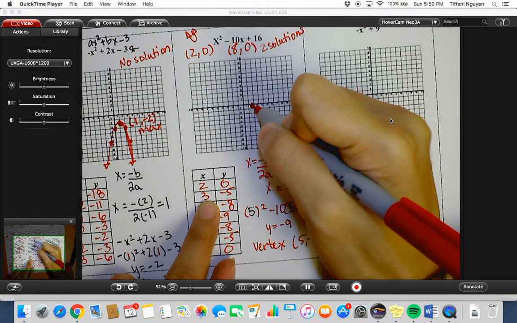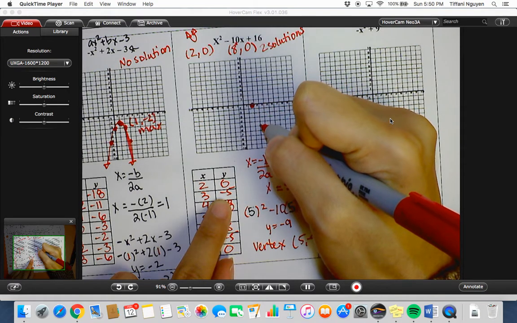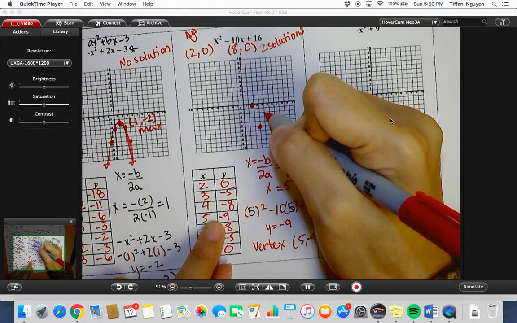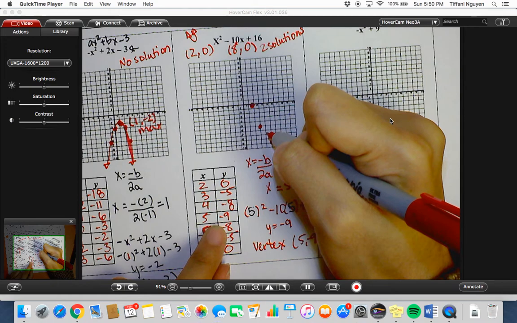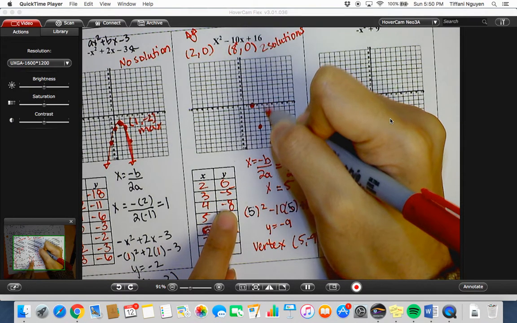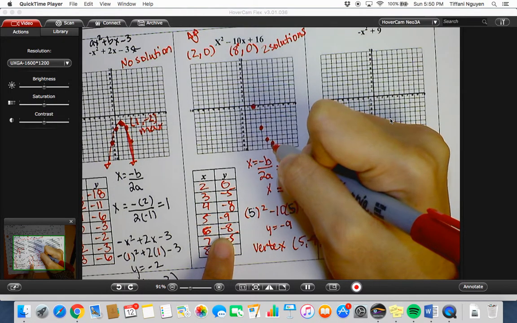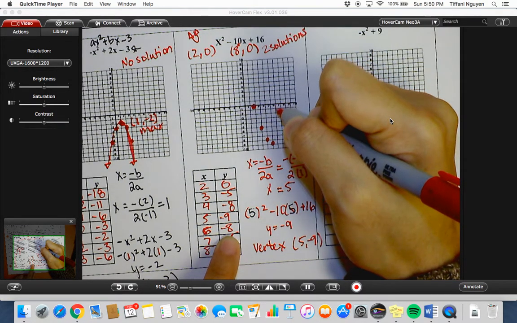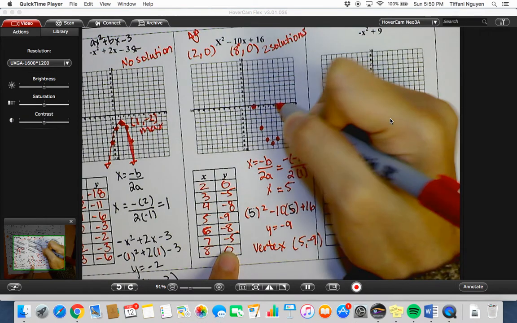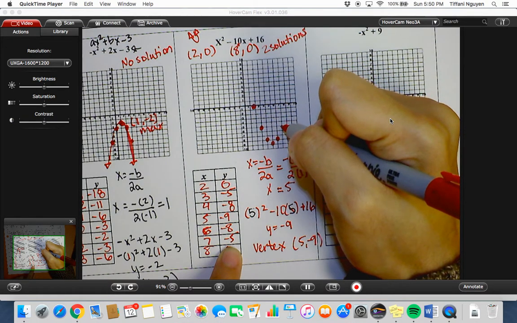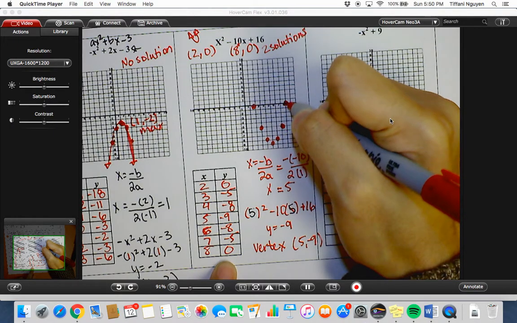That's my root. 3, I'm going to go all the way to negative 5. 4 is at negative 8. Here's my vertex, my turning point. 6, negative 8. 7 goes to negative 5. And 8 is at 0.